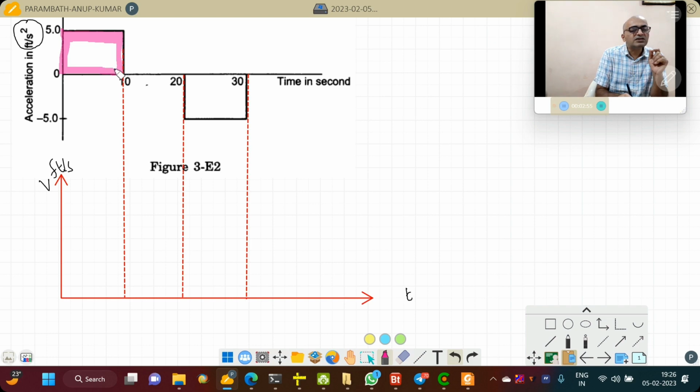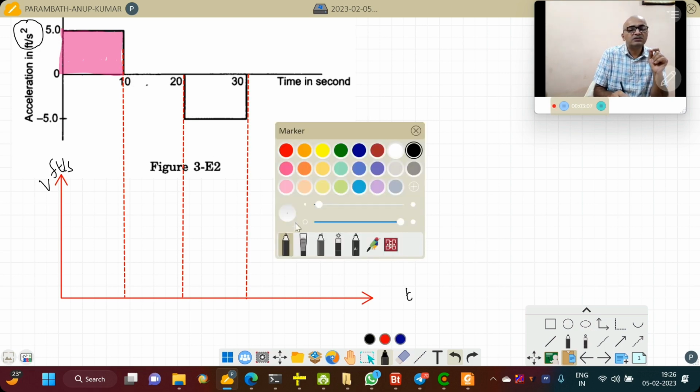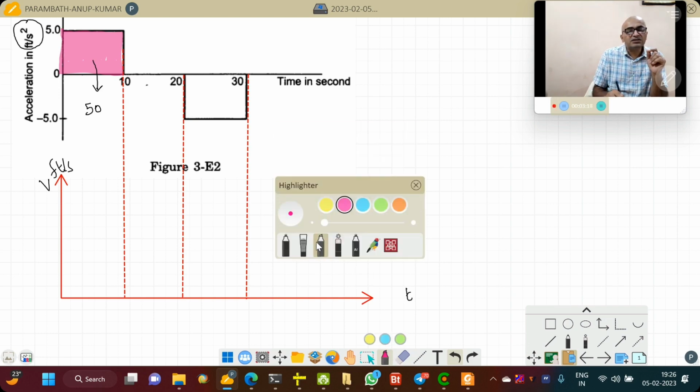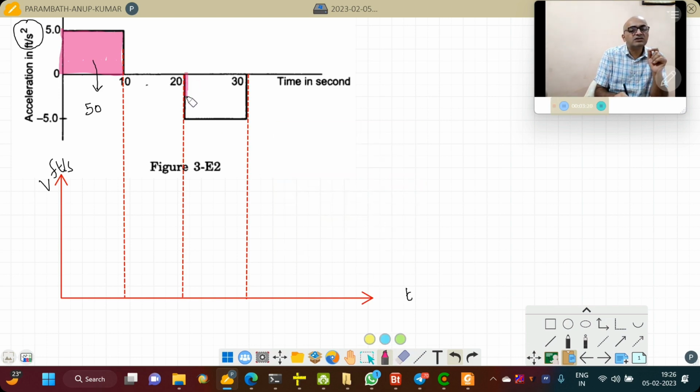Therefore, this area gives the final velocity, because the change in velocity is final minus initial velocity, which is given by this area, 50. And in a similar manner, this area is, students, also 50.